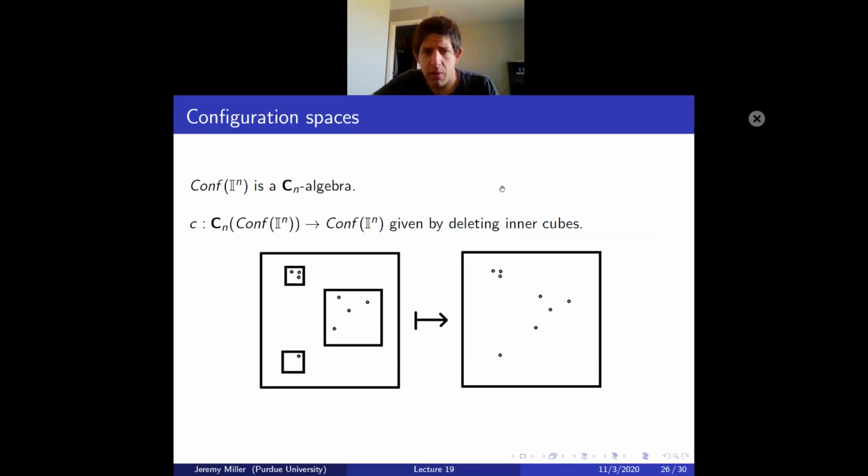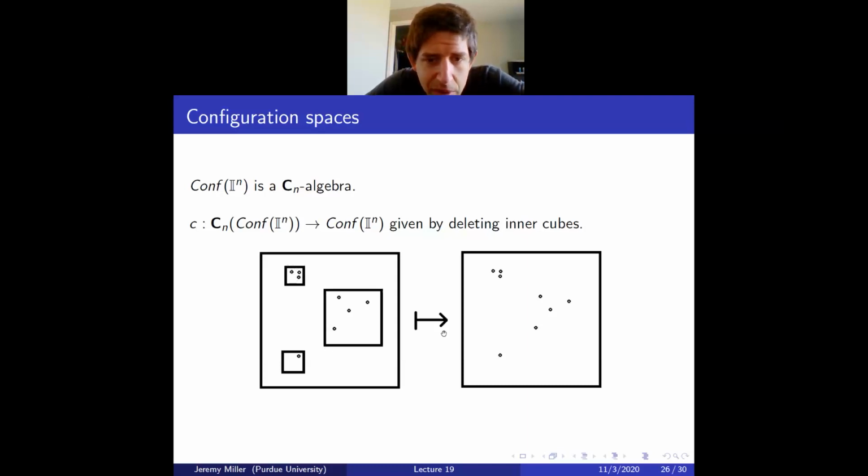Now I claim that this, configurations of points in a cube, is a C_n algebra, so I need to tell you what the structure map is. Here we have cubes in a cube, and the cubes are labeled by points.